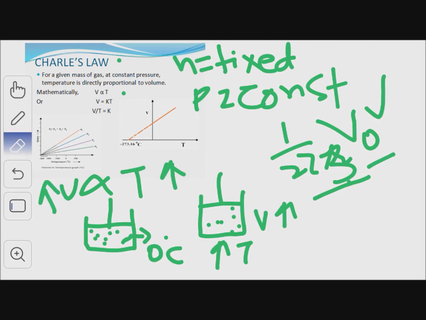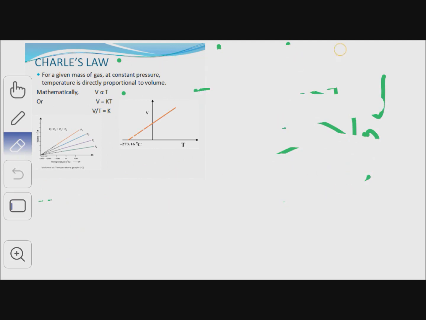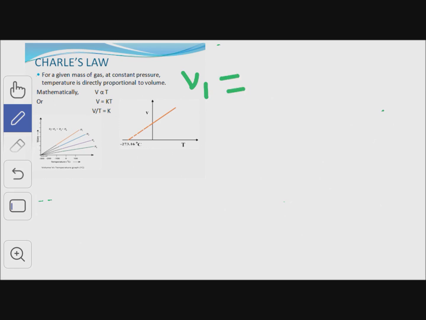Or we can write, volume at 1 degree Celsius is equal to the initial volume taken initially, plus the volume increased when we increase the temperature from 0 to 1 degree Celsius. It is V naught upon 273.